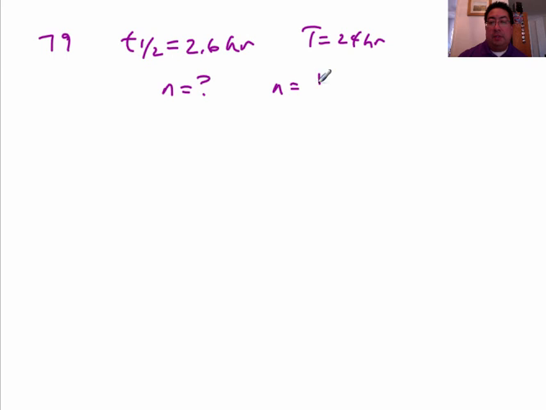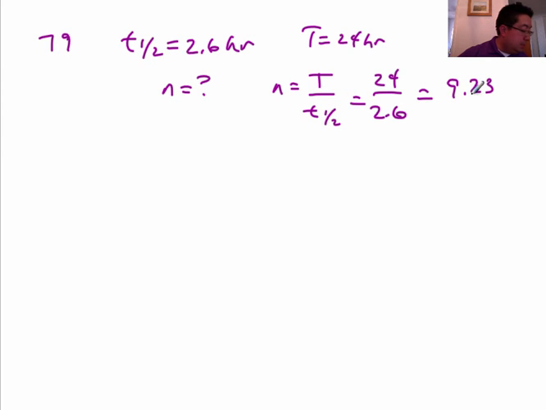So N equals big T over the half-life. So 24 divided by 2.6 gives us about 9.23. So here's an example of one where we don't have an exact number. This is not a whole number.